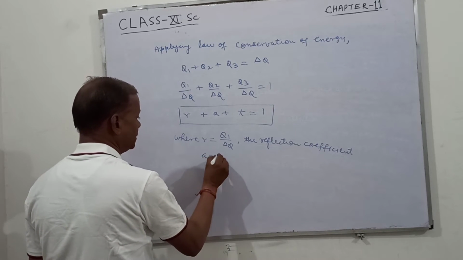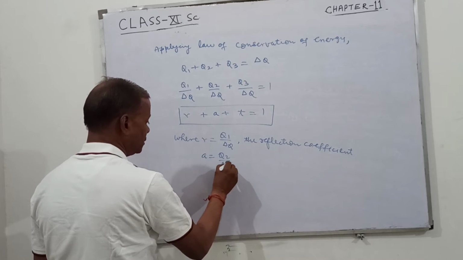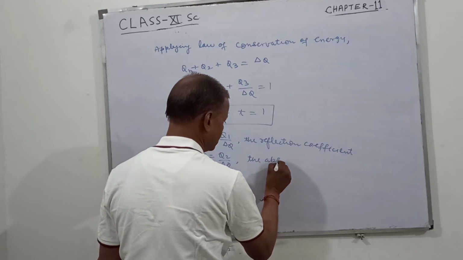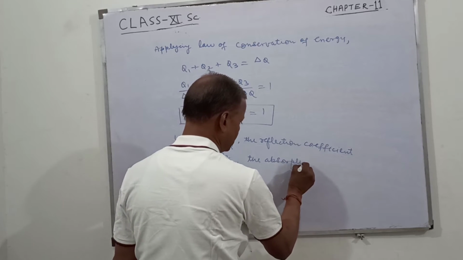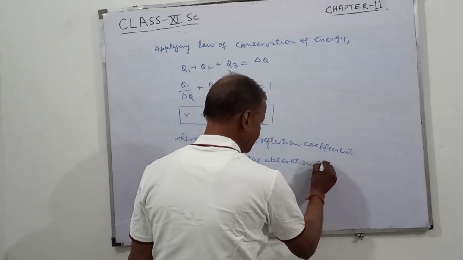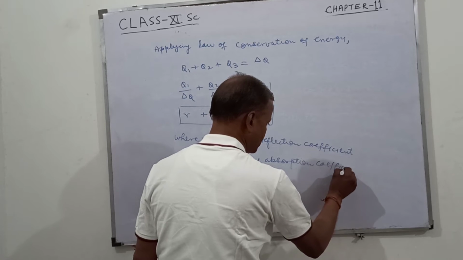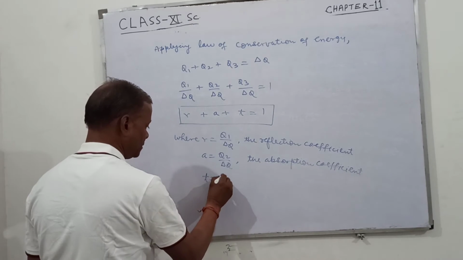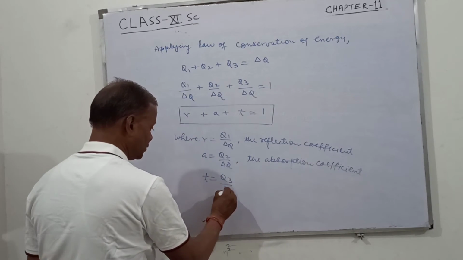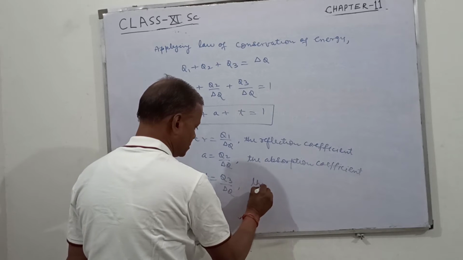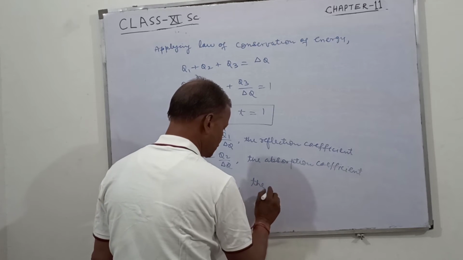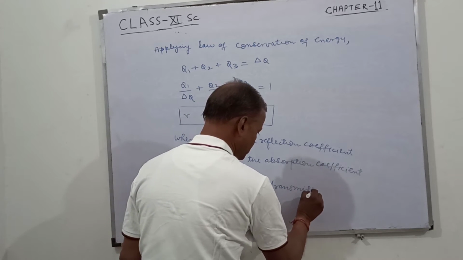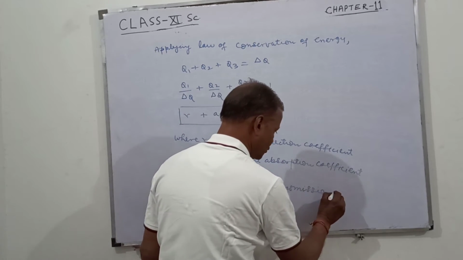And A equals Q2 upon delta Q, the absorption coefficient. And T equals Q3 upon delta Q, the transmission coefficient.